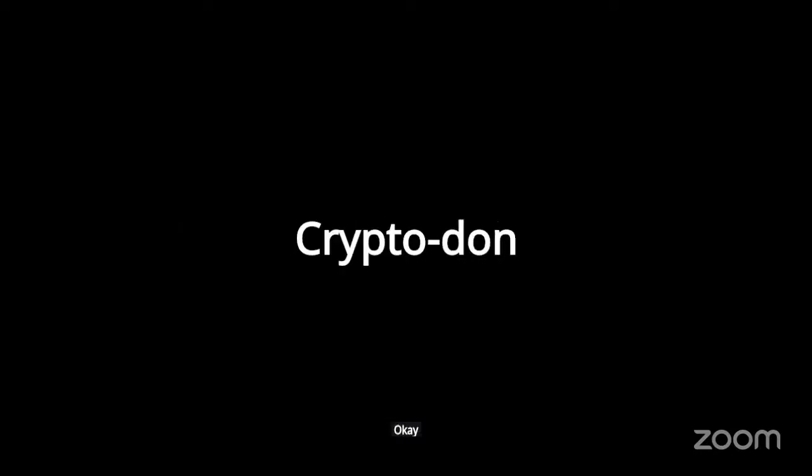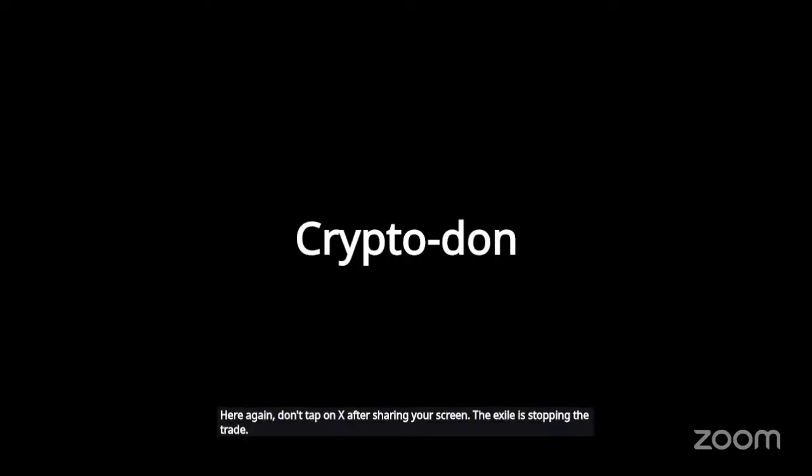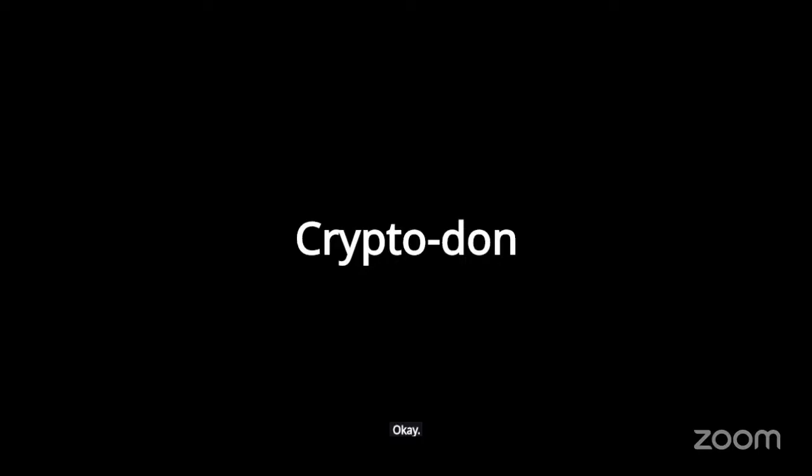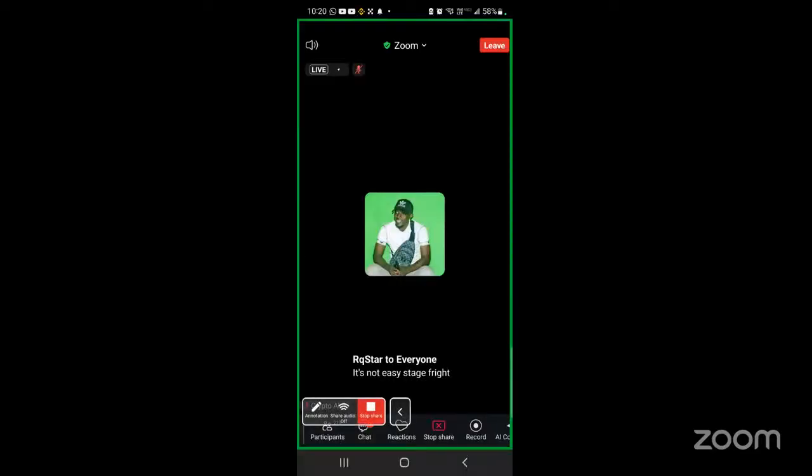Share again. Don't tap on X after sharing your screen. The X sign is stopping the trade. Now go where you want to show us. Don't tap on X.